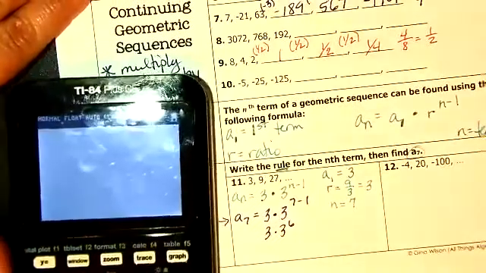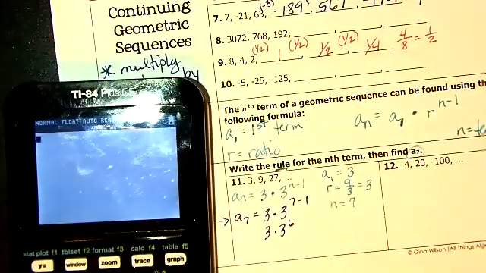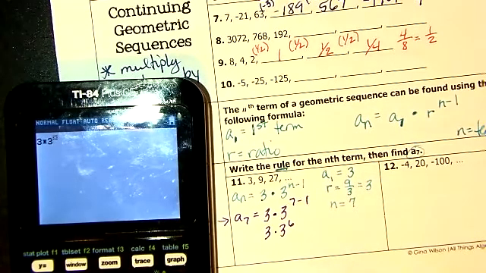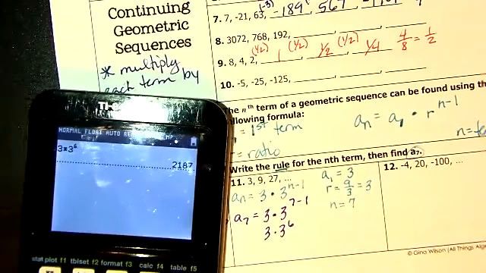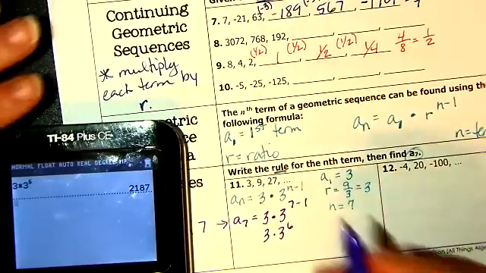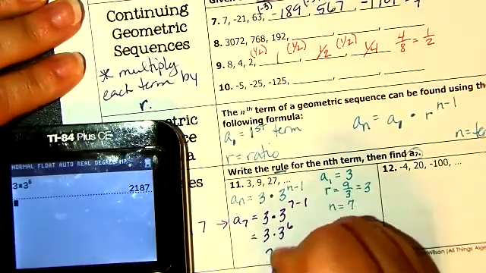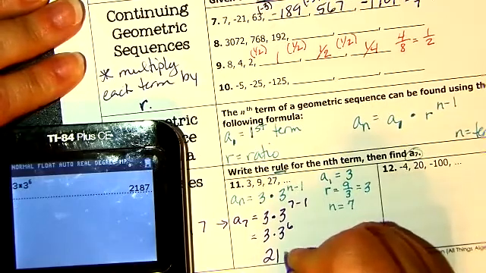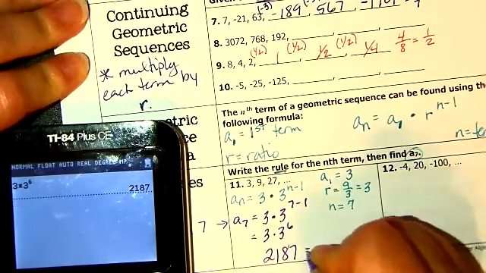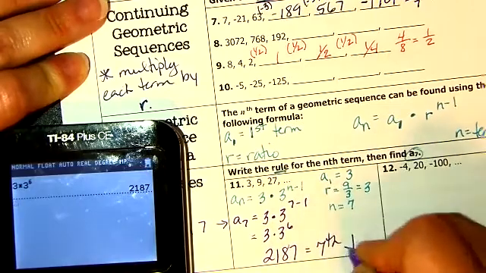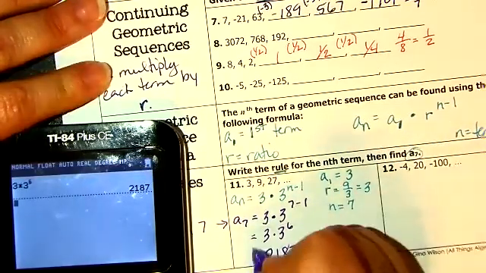I'm going to punch it in exactly like I see it. 3 times 3, caret button, rooftop button, raised to the 6, enter. So I get an answer of 2,187 is the 7th term.